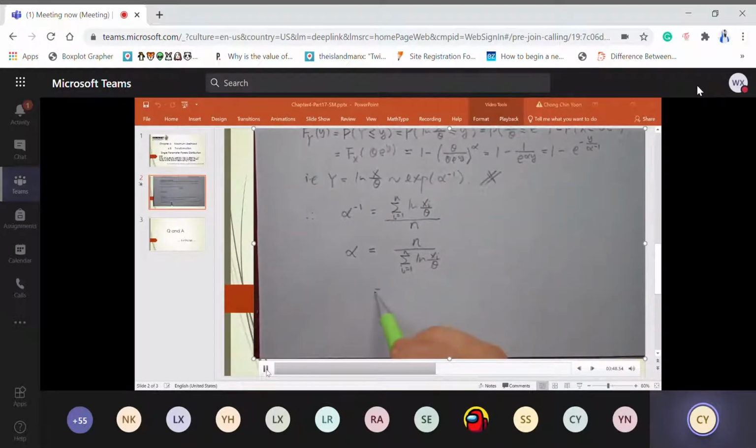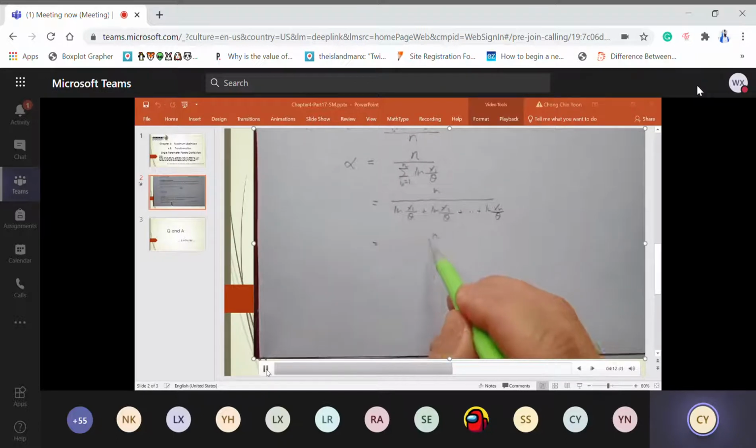And now we try to expand the denominator, so we will have log x1 divided by theta plus log x2 divided by theta plus until log xn divided by theta.